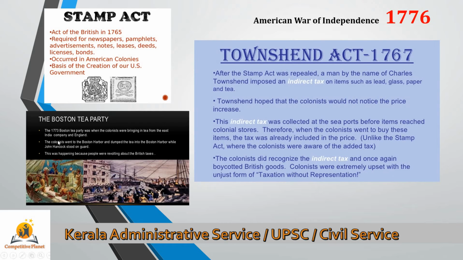In 1773, the colonists were bringing in tea from the East India Company and England. The colonists went to the Boston Harbor and dumped the tea into the harbor while John Hancock stood on guard. This was happening because the people were revolting against the British taxes.